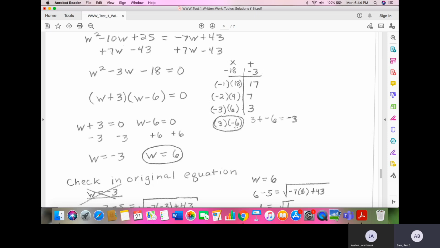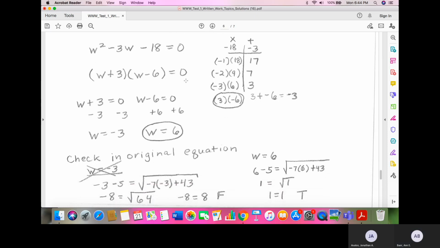So we write down our factors, easy because the leading coefficient's understood to be a 1. So we have W here and here. We put plus 3 in one of these, negative 6 in the other. And we set that equal to 0. So the only way, this represents a number, the only way two numbers can be multiplied together to give 0 is if one of them is 0.